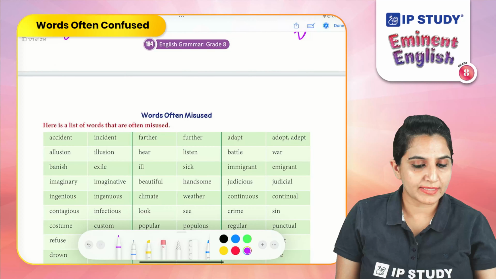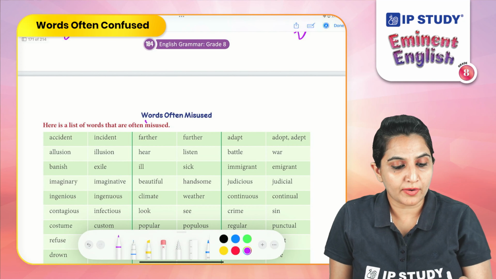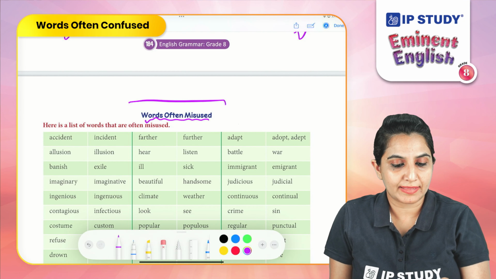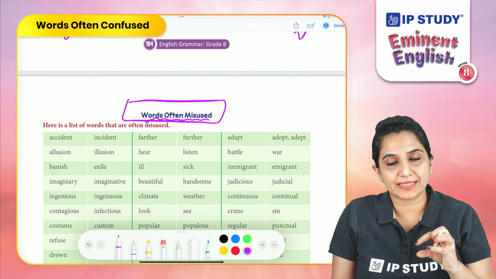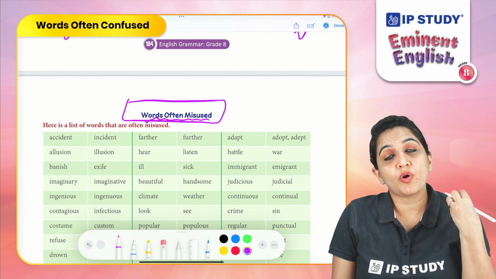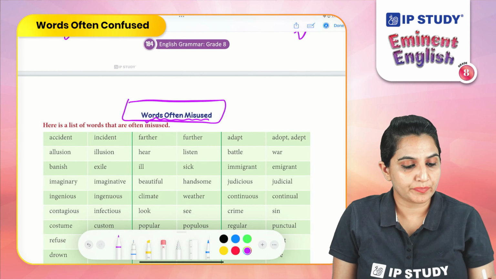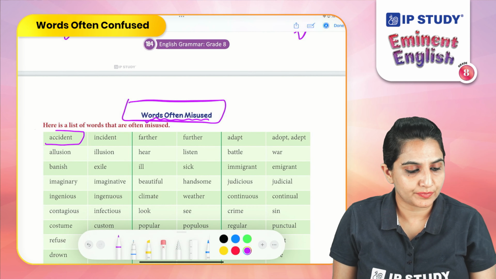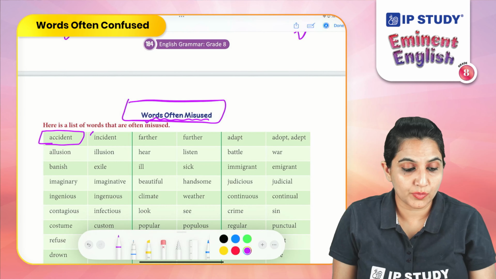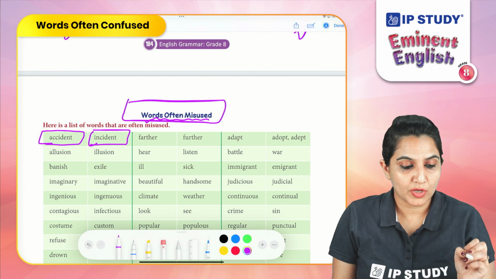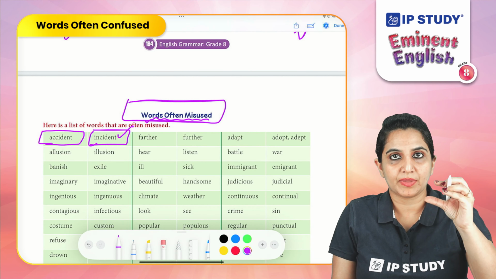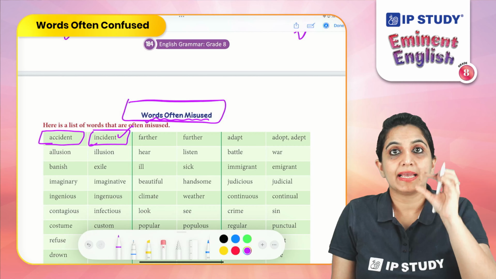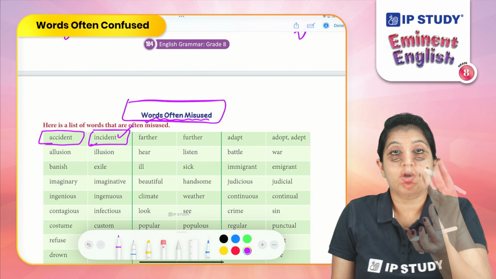Now we will look at some words which are often misused. That means we use these words accidentally. That means we often misuse them. Like accident is misused with incident. So incident is something when something happened, an incident, right? It can be an incident of coincidence.